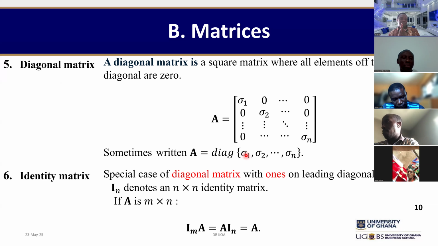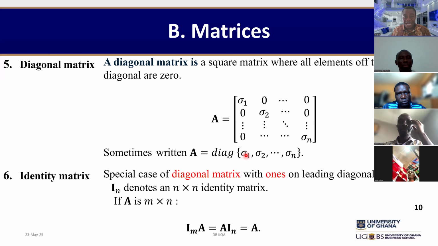Now, Francis, you can understand why it is a special kind of diagonal matrix, because you said earlier that the elements on the diagonal are not necessarily 1. They can be any other number, but the off-diagonal elements are 0. That's what you said. Yes. But when they are strictly 1, then they become what? Identity. Identity matrix.